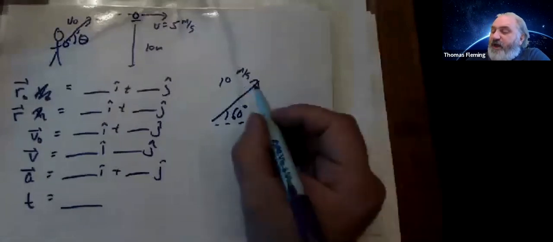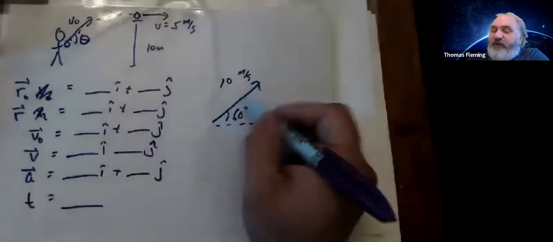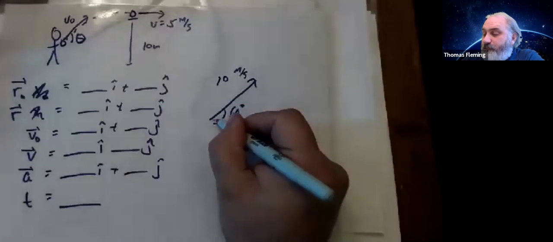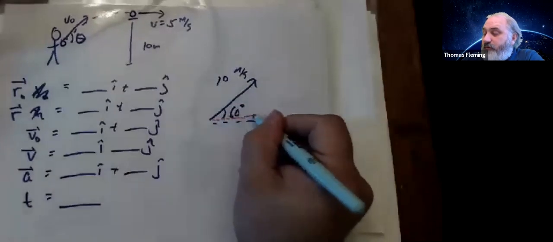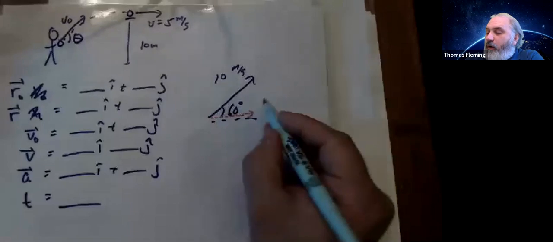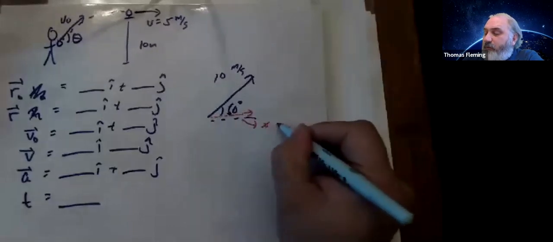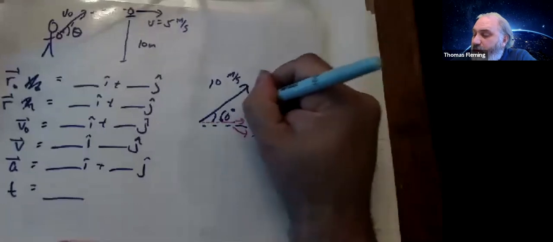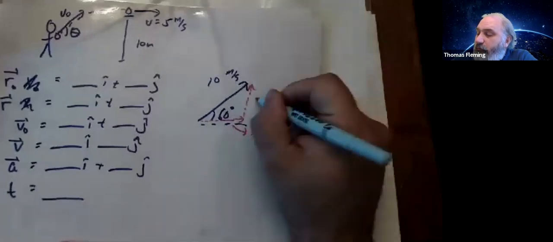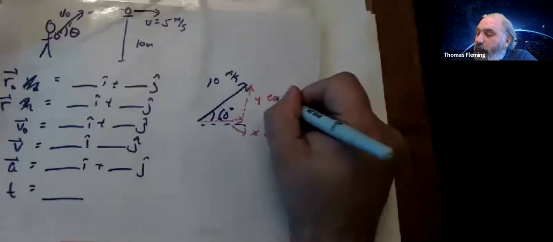Well, the trick is, I imagine that this vector is itself the sum of two additional vectors. This would be what I call the x component, and this is what I would call the y component.